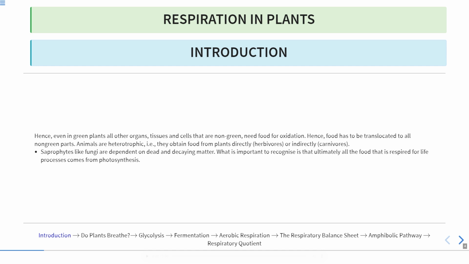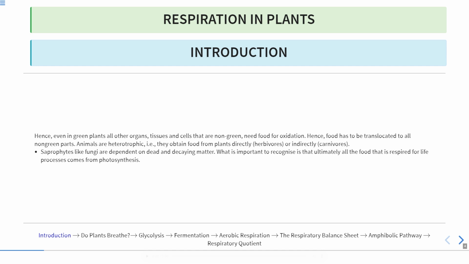What is important to recognize is that ultimately all the food that is required for life processes comes from photosynthesis. So in the case of fungi also, they are dependent upon dead and decaying matter. The fungi growing on any dead plant or animal, earlier it was living, right?